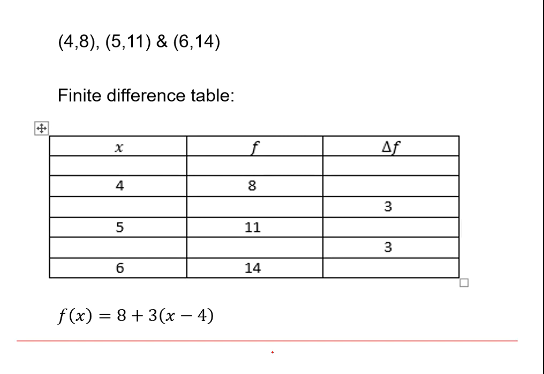So the information can be recorded in something that's usually called a finite difference table. It's called finite difference to distinguish it from infinitesimal difference that you would get with differentiation. And so we've got for the point 4,8, we've got our x value there and the value of the function there.